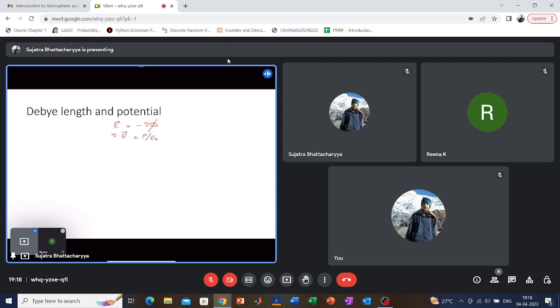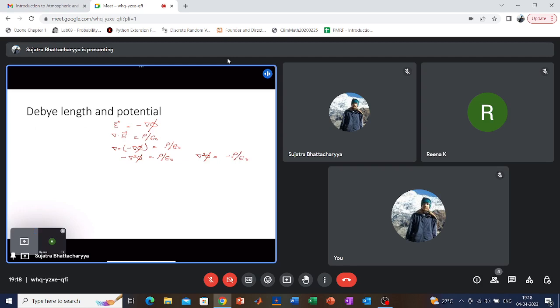So if you put this in, it will be del dot minus grad phi, that is equal to rho by epsilon naught. So it is minus grad square phi is rho by epsilon naught, or grad square phi is minus rho by epsilon naught.